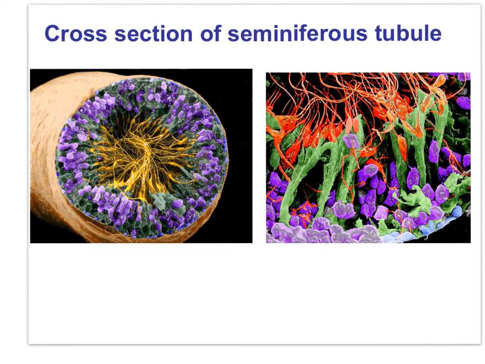On the right, a bit more magnified, again, we can see cells in purple at various stages of the meiotic process, as well as Sertoli cells seen here in green. Sertoli cells provide nutrition to the developing spermatids.